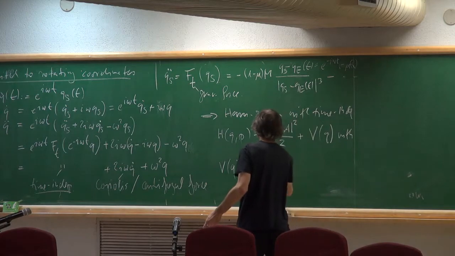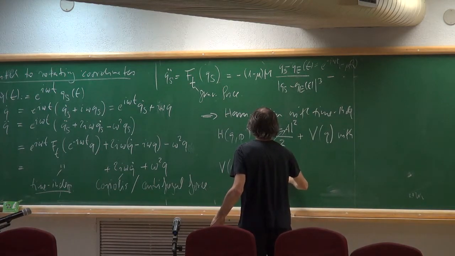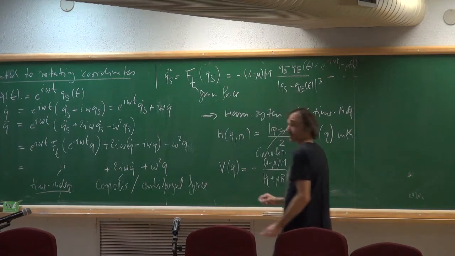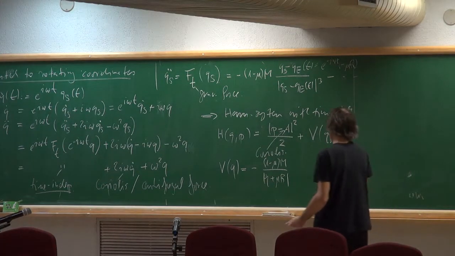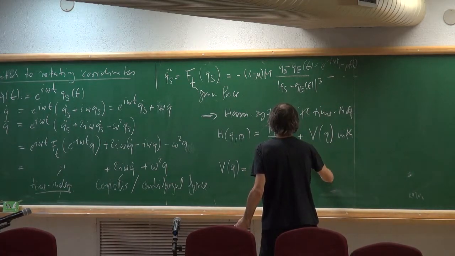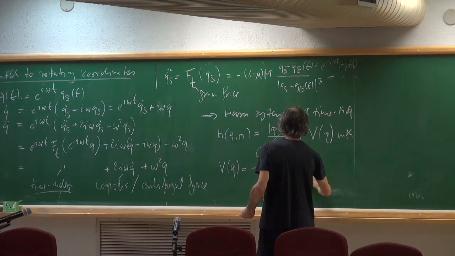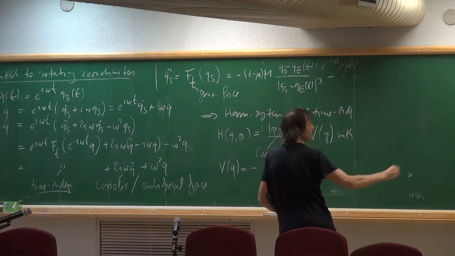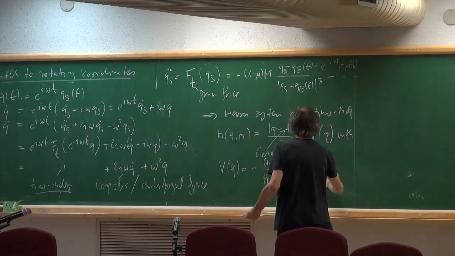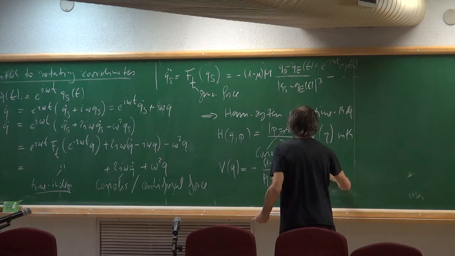So this is just absolute value of Q plus mu r. Then minus mu times m, this is the Moon, and the position of the Moon is now fixed at 1 minus mu r.